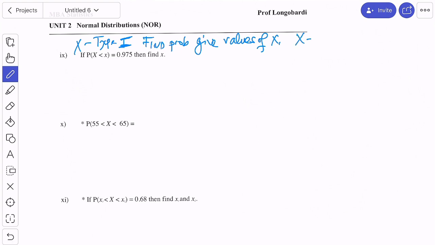And then there are the X type 2 problems, which is what we're going to do now. Given a probability, find X. It's backwards.